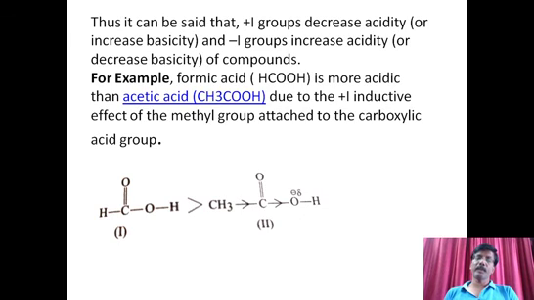So propanoic acid's acidic character is still less than acetic acid. This is how we have to compare. With increasing plus I groups, the acidity decreases. If you increase minus I groups, acidity increases.